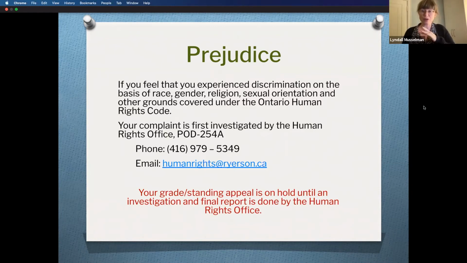I think there is a way for an appeal to be considered if there are, for example, the grounds of extenuating circumstances or procedural error or something. So I don't know, Jose, if you have an opinion on that, because it's a slight change from the old policy. The old policy was super clear that your appeal would definitely be on hold with this type of ground triggered. Anyway, we can move on if you don't have anything else to add.